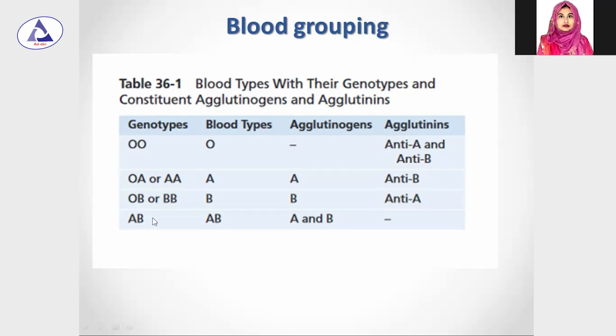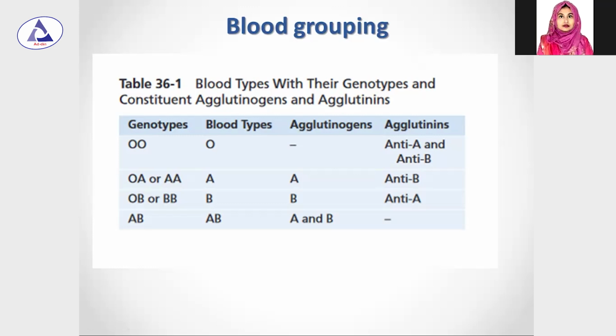And what about blood group AB? The AB blood group's genotype is fixed, AB. It contains both agglutinogens and no agglutinin. Then come to the summary of this chart.